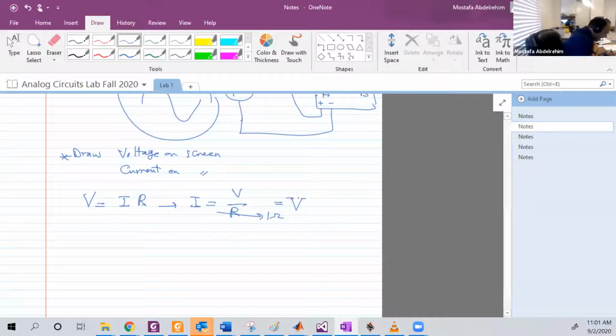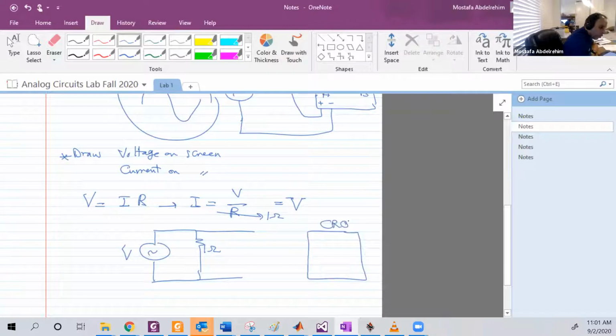So if you have a circuit like this, and this resistor is 1 ohm, and here is some voltage source, whatever its value is, and you have an oscilloscope, let's call it CRO. This is a strange abbreviation, but they do it like this. And we connect the positive here and the negative here.